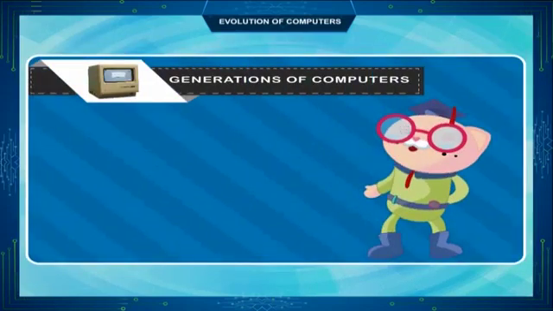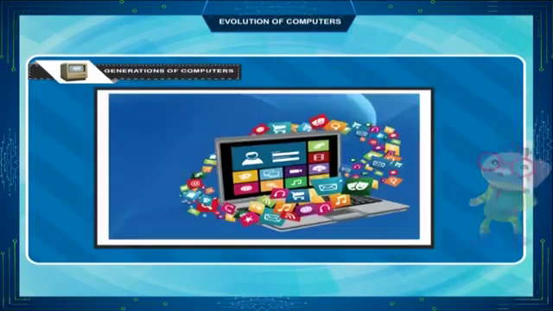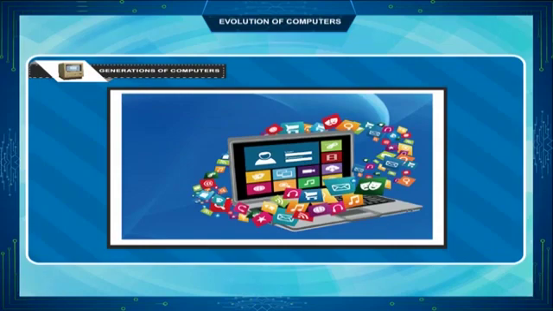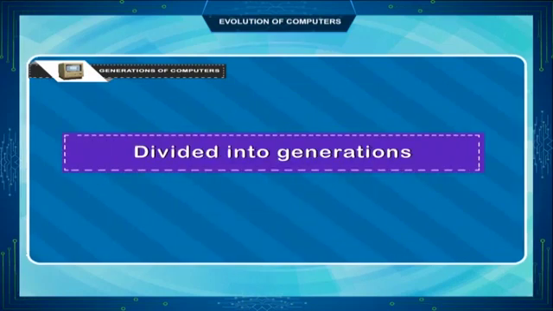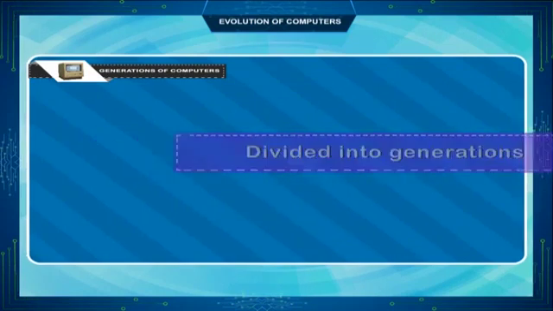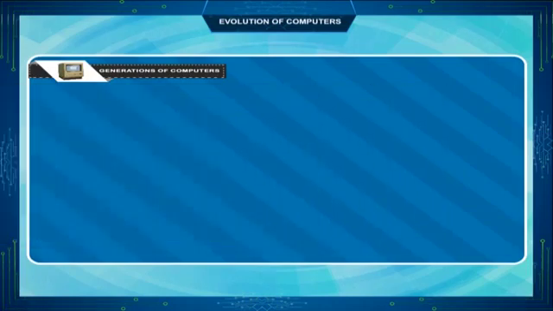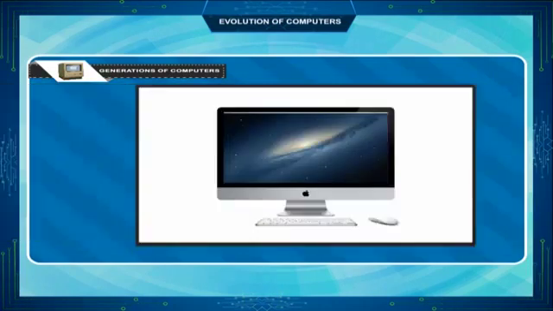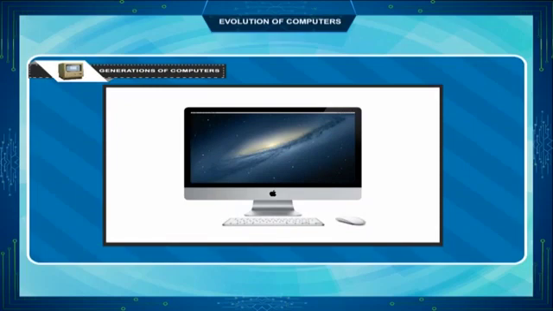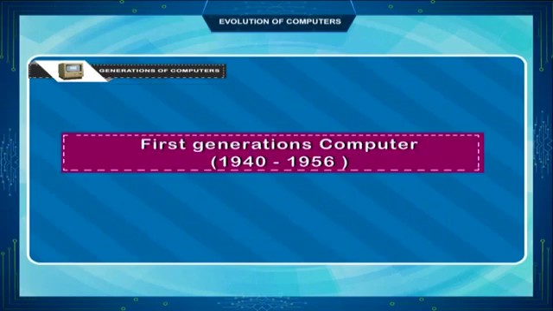Generations of computers. The development in the field of computers has been divided into generations. With every passing generation, computers got better, faster, and smaller. First generation computers, 1940 to 1956.